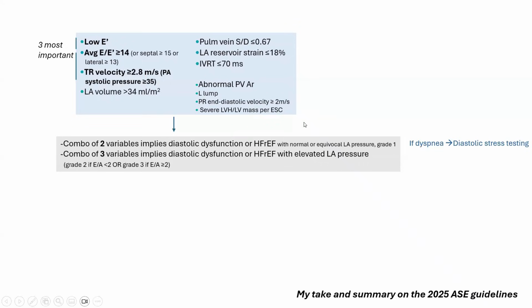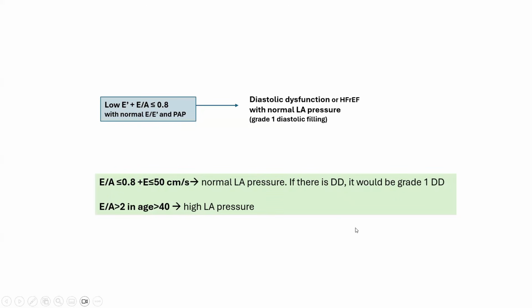And this is where we perform diastolic exercise stress testing to assess whether LA pressure rises with exercise or not, and we assess E to E prime and TR velocity in early recovery, as I will explain a little later.